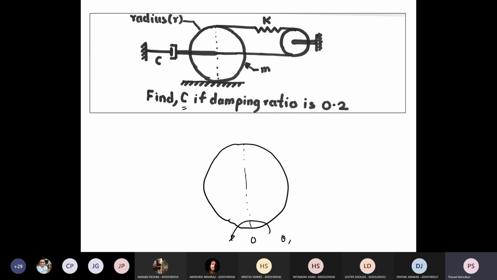Theta, theta dot. I'm sorry, it is not this way. It is this way. No, it is this way. Yeah. So this is theta, theta dot. So now all the forces will be in the opposite direction.